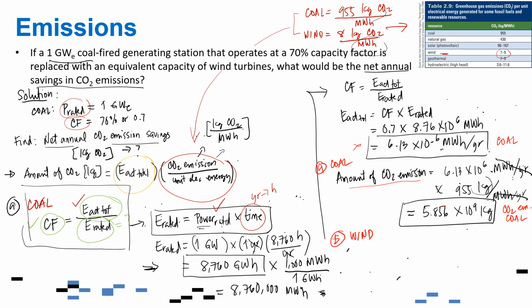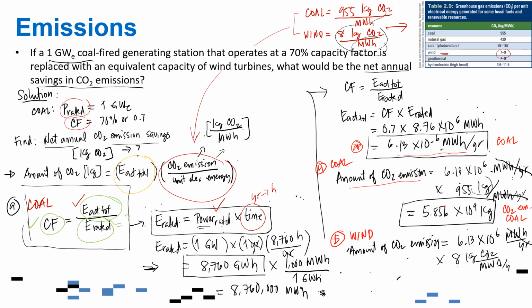So the 6.13 times 10 to the 6 megawatt hour per year should be the same for wind, times the wind emission per unit electrical energy, 8 kilogram CO2 per megawatt hour.